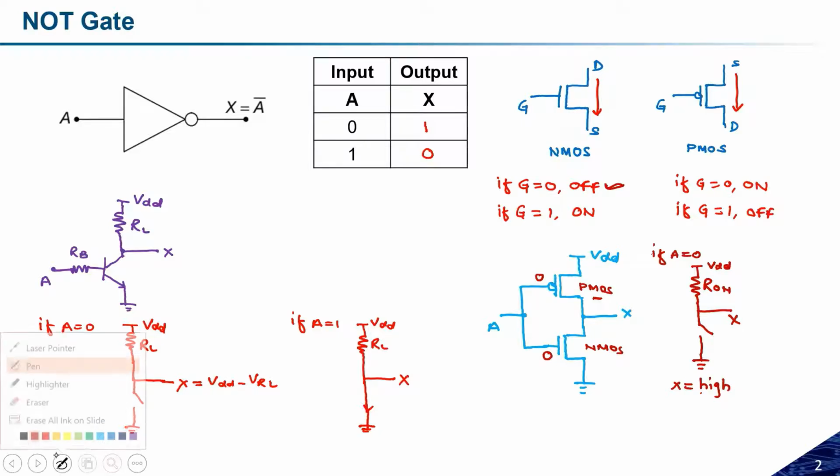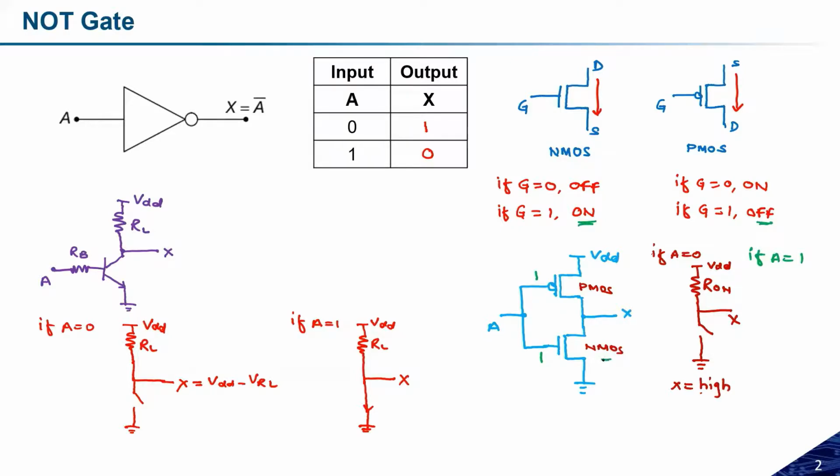Similarly, for the second case, if A is equal to 1, what will happen? Let us try to see. If A is equal to 1, the gate of both transistors is 1. We know that the NMOS transistor will be in the on state and the PMOS transistor will be in the off state.